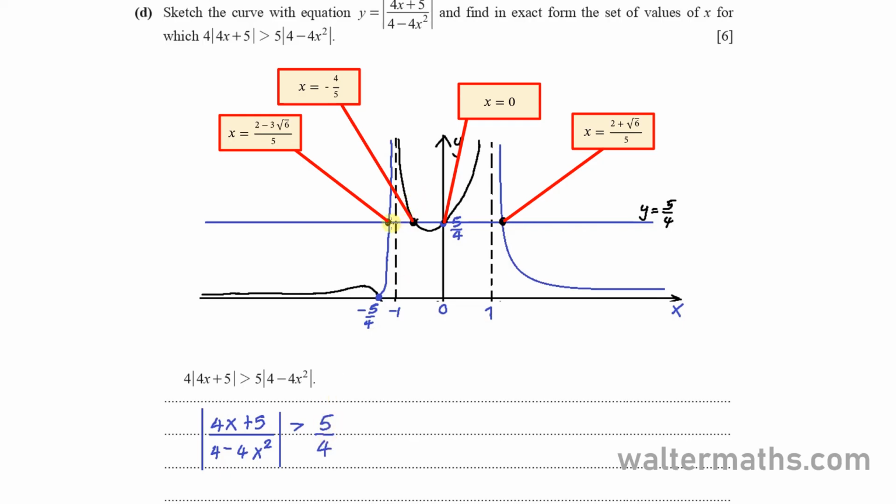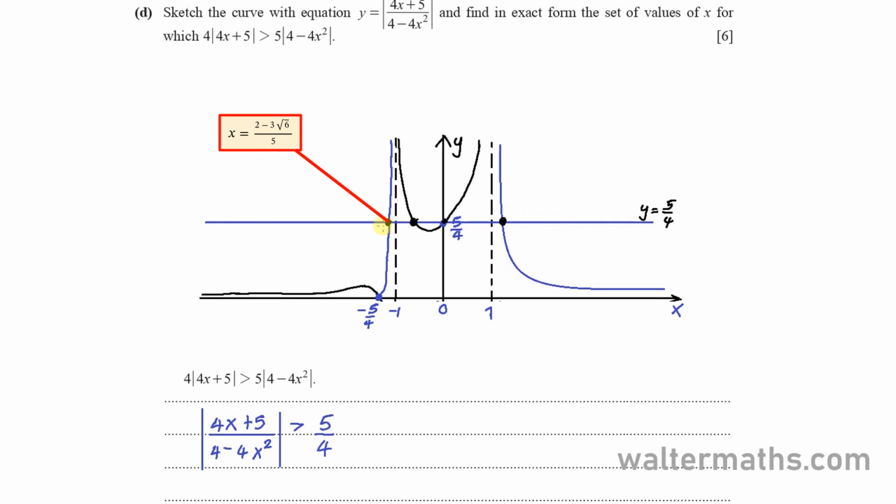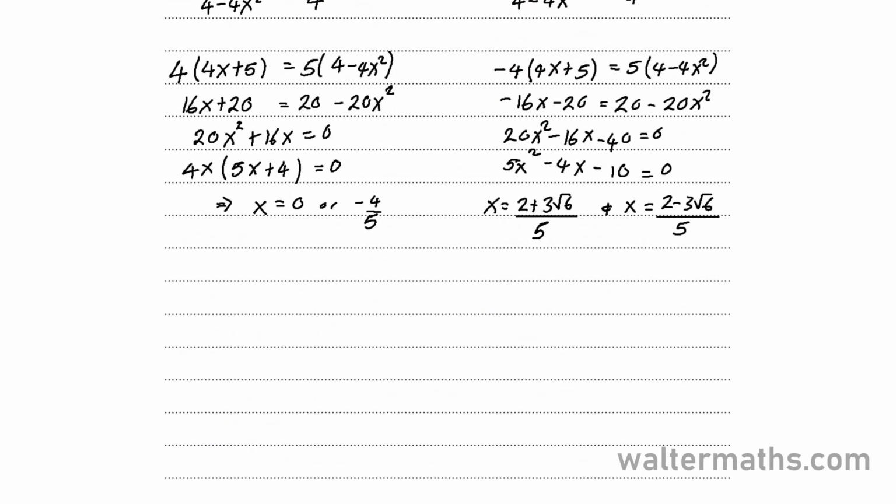So if you consider here, you notice that for values that are between (2 minus 3 root 6) over 5 and minus 4/5, the graph of modulus is above or greater than that of the line. So the first inequality here is from (2 minus 3 root 6) over 5 to minus 4/5.